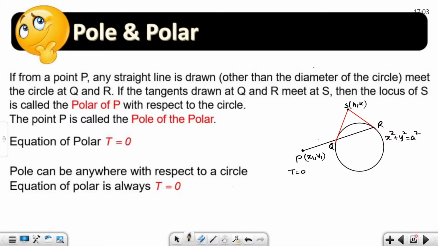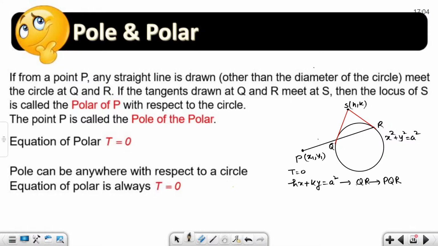I am trying to make you understand the theory, that is why I have taken the standard form of the circle. Therefore, what will be the equation of the chord of contact QR? It will be hx plus ky equals a square. Am I correct? So this is the equation of QR, which is actually the equation of PQR.